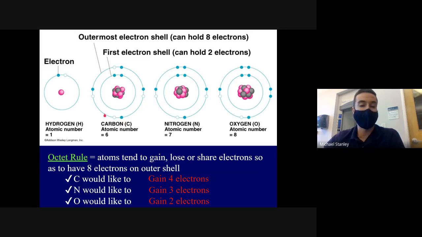So carbon wants 4 more electrons, nitrogen wants 3 more electrons, and oxygen wants 2 more electrons. So whatever the original number of valence electrons is that an atom has, it wants to add more onto that so it can get up to 8. And that's what the Octet Rule is saying.